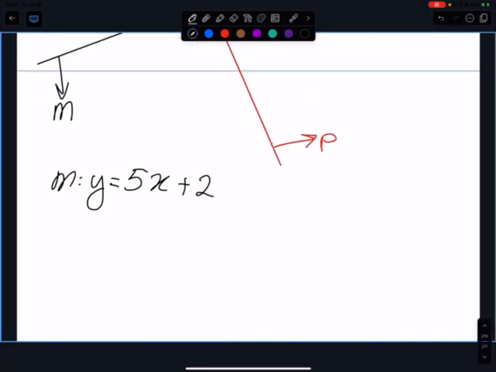Gradient of M multiplied by the gradient of P equals -1. That's what you have to remember.